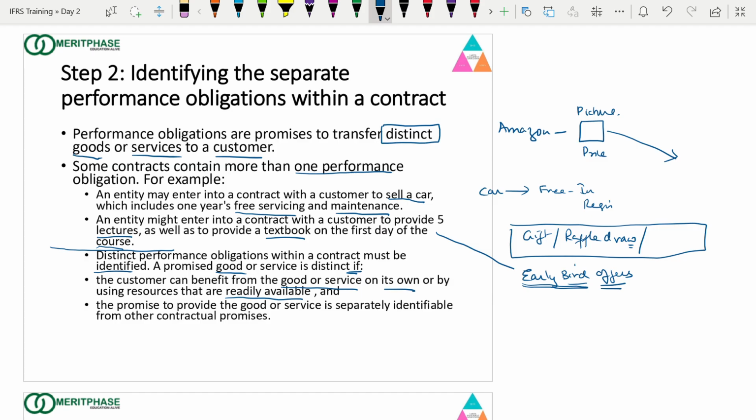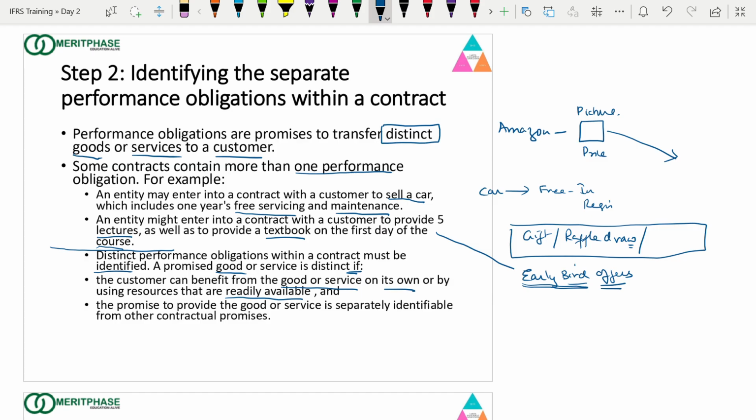Means you are offering the product, but the customer can get those benefits separately also. They will make a comparison.